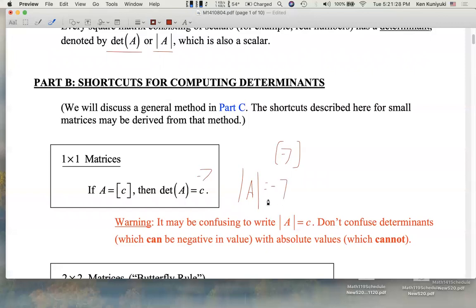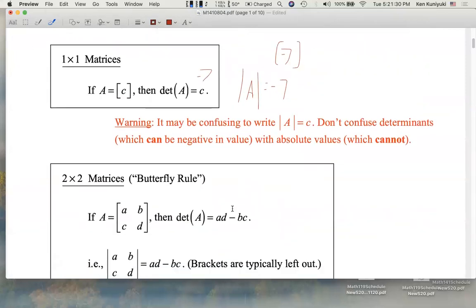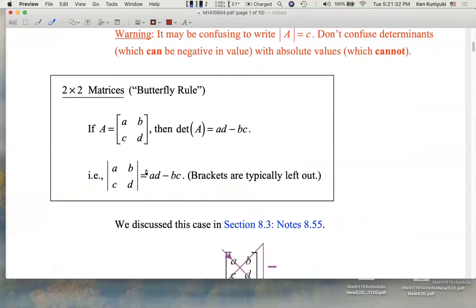But this might look weird to some people. If the matrix is 2-by-2, you get the determinant by what I call the butterfly, the product along the main diagonal minus the product along the skew diagonal, AD minus BC.